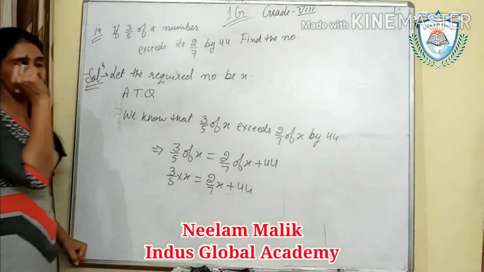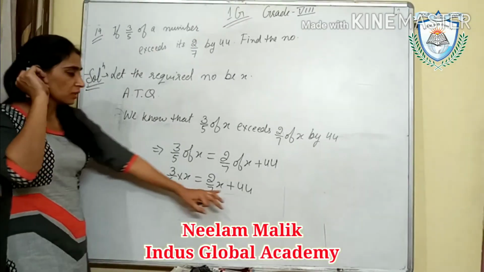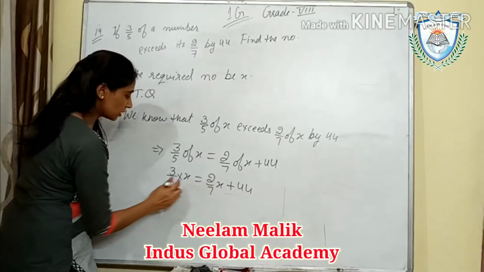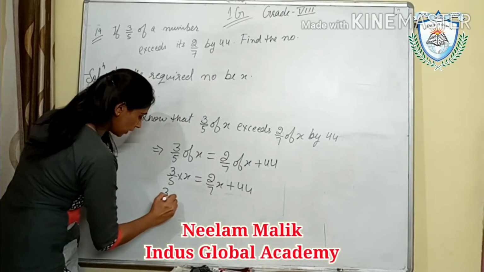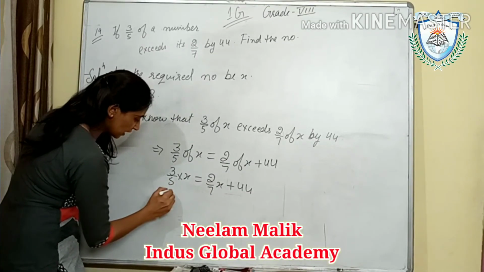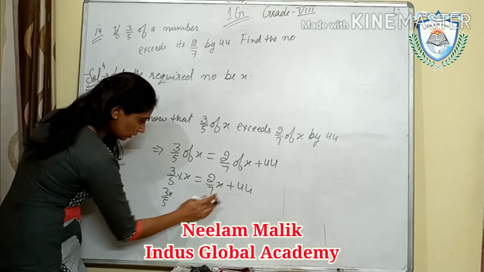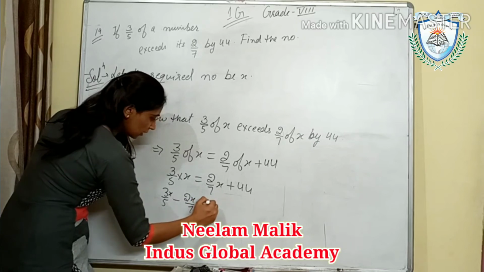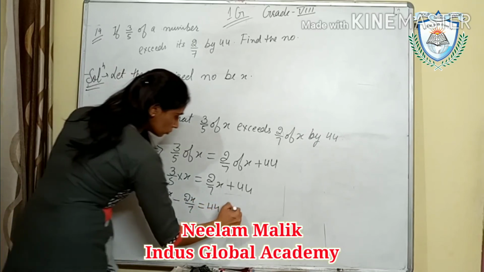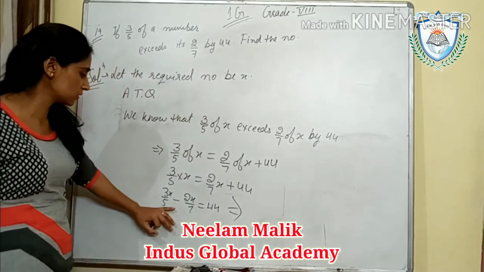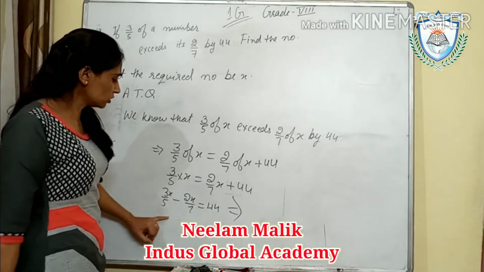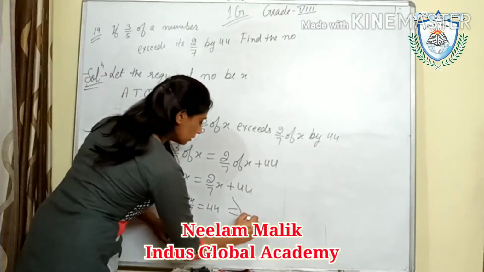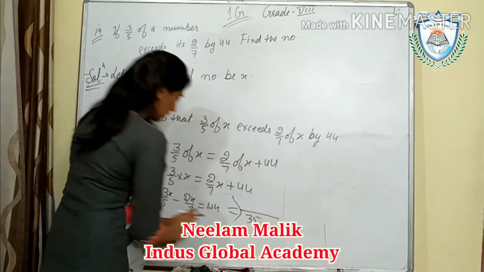Now we will take the x terms to one side and the constants on another side. So first it will come here 3/5 x. Please put this x with the 3, and it will come here minus 2x upon 7, and there will be only 44. So what will be the next line after this? Because the denominators are different, first we will take the LCM. LCM will be 35.